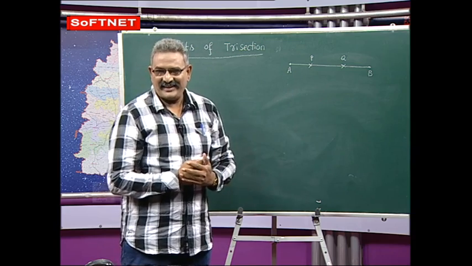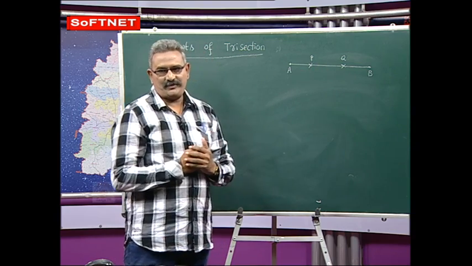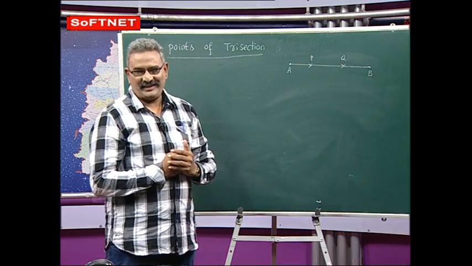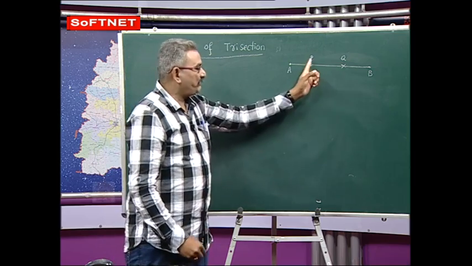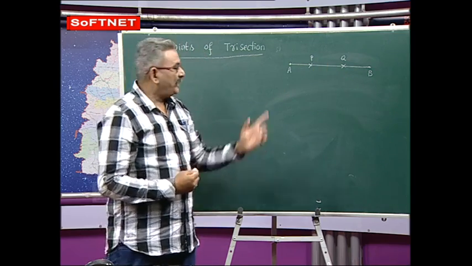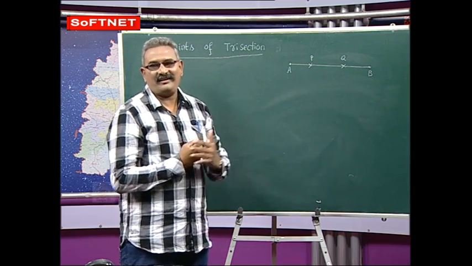I repeat once again. If P divides AB in the ratio 1:2, Q divides AB in the ratio 2:1, then the points P, Q are said to be the points of trisection of line segment AB or AB bar.